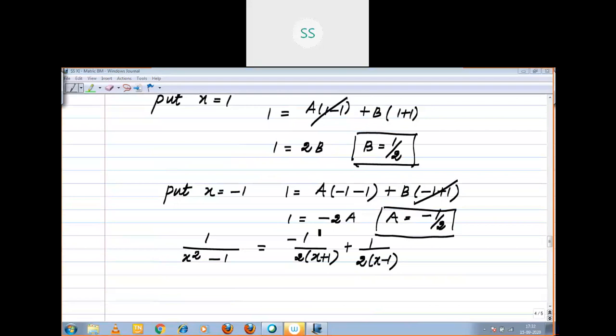Got it, children? Say yes or no. The single fraction, we write it in terms of a sum of two simpler fractions. Got it or not? Did you understand, children? If the denominator is a non-repeated linear factor, you can write A by plus B by. Got it, children? Okay, thank you, children. Tomorrow I will continue.